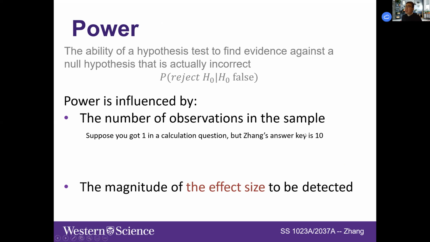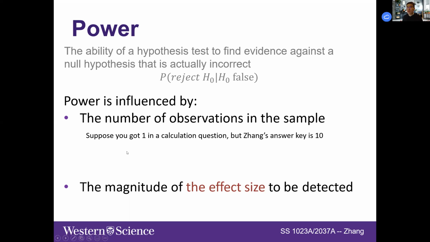So here, our null hypothesis is that my answer key is correct. Say the actual result is 10 and your 1 is your sample result. In this case, we only have 1 single sample, so you are not sure whether we should reject our null hypothesis or not.